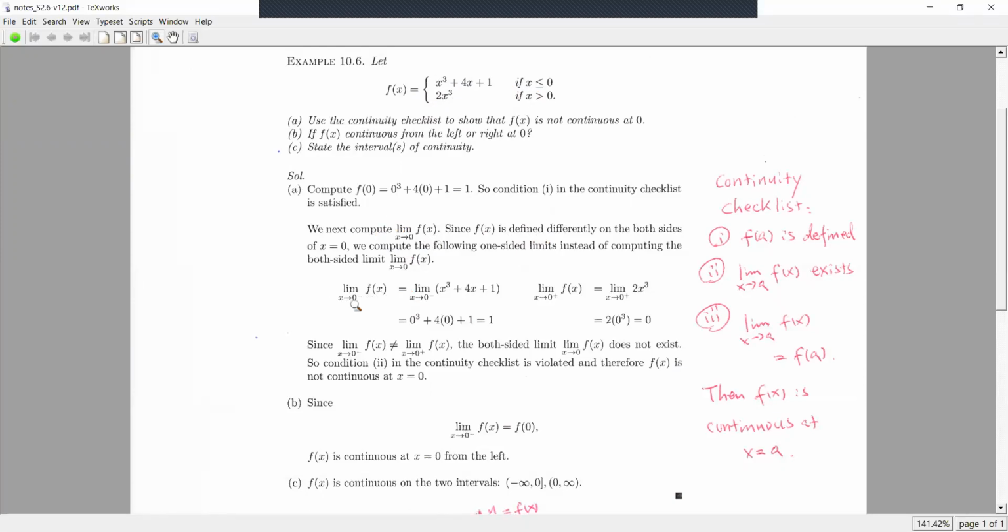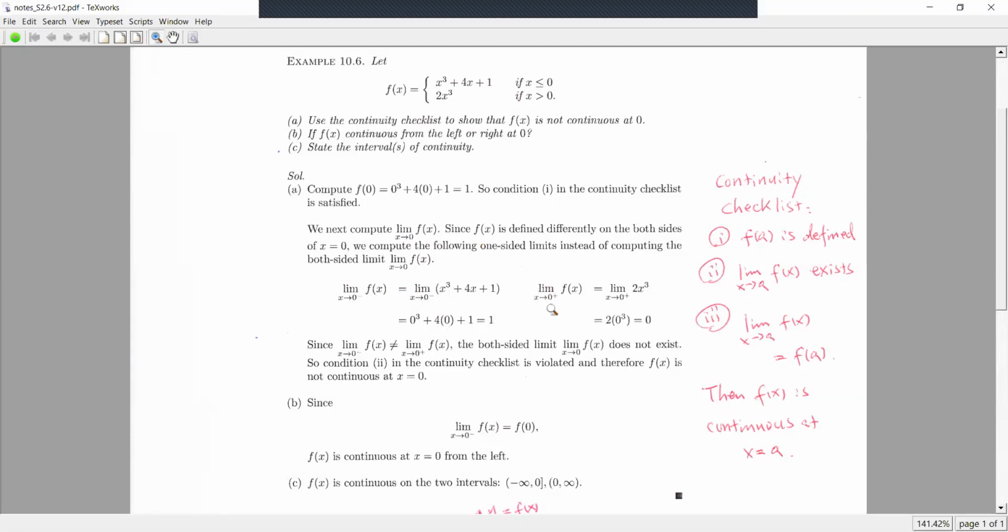When x approaches 0 from the left, that means x is less than 0. When x is less than 0, this is the function, so we have this equation. To find this limit, plug in 0 for x, then the limit is this number. This number is 1.